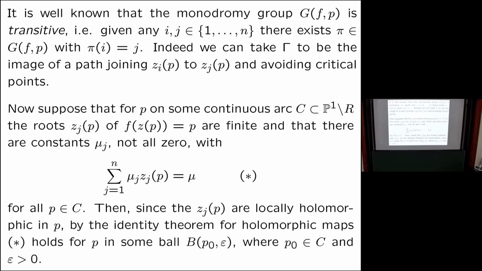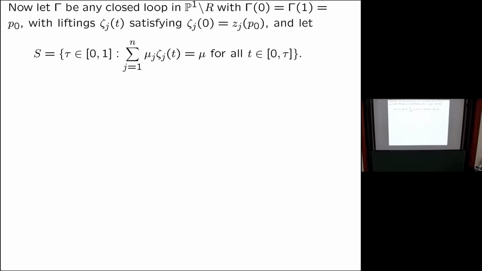So you take a closed loop, gamma of 0, gamma of 1 equals P0, with liftings satisfying Zj(0) equal to Zj(P0), and you let S be the set of tau in [0,1] such that the linear combination of Zj(t) is mu for all t in [0,tau].